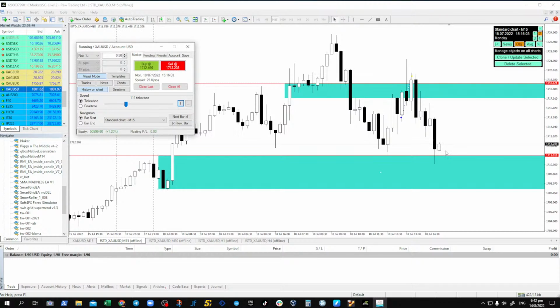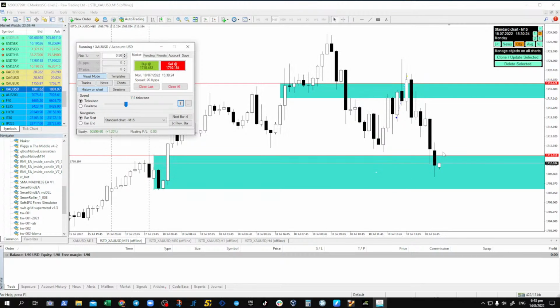If this candle closes below, so now it closed inside the demand zone.